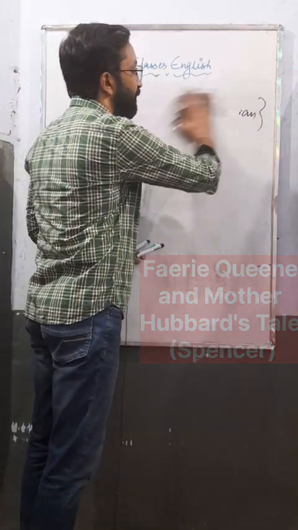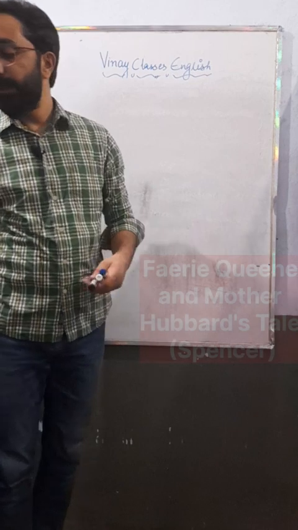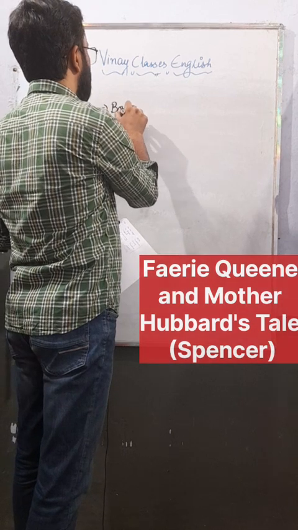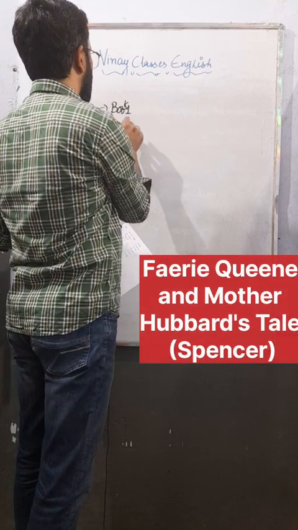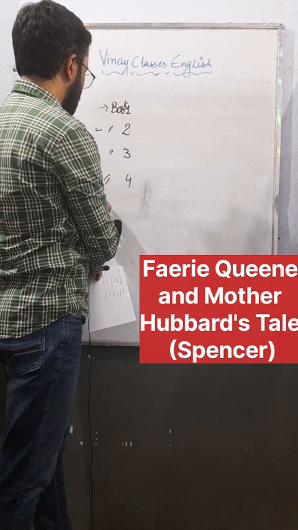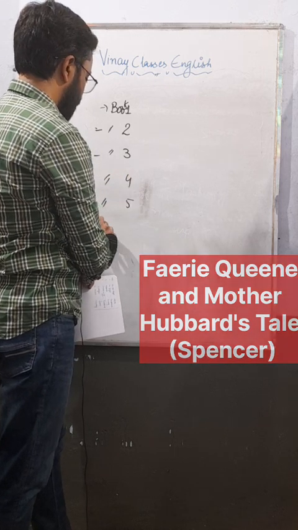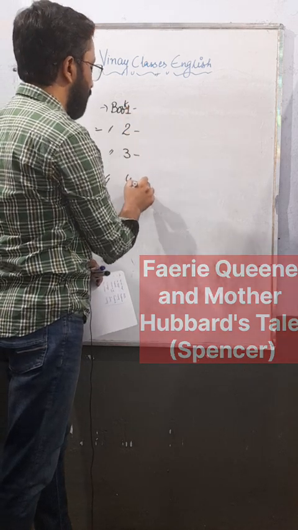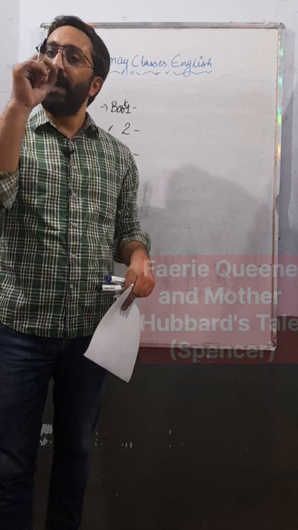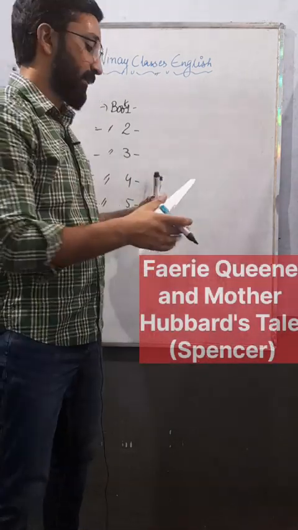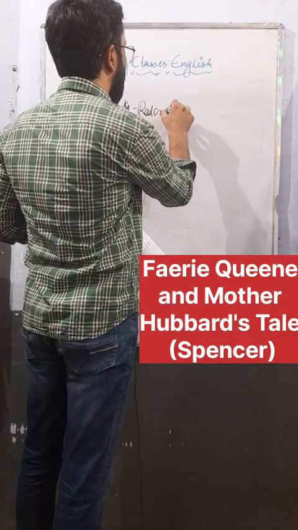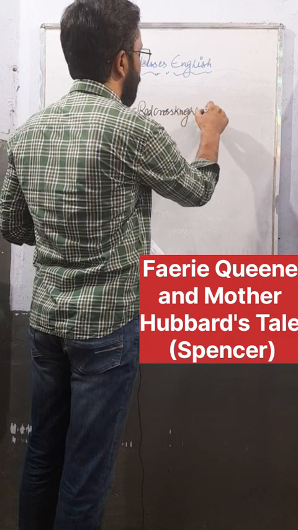Now the most important part of Edmund Spenser's Fairy Queen is the 6 complete books, all right: book first, likewise book second, book third, book fourth, book fifth, and book sixth. These are the completed books written by Edmund Spenser, and in each book there is a knight, and that knight represents one virtue. Like the first book is represented by Red Cross Knight, and he represents the virtue of holiness.